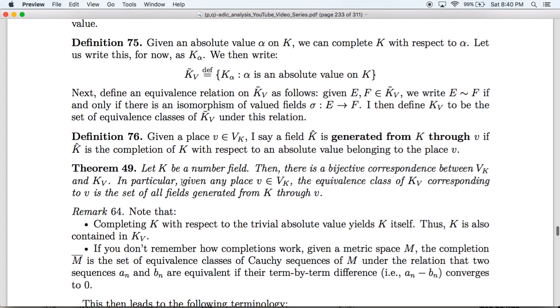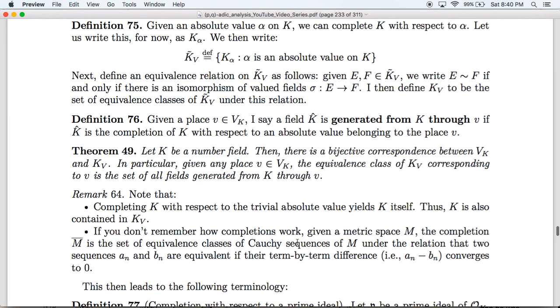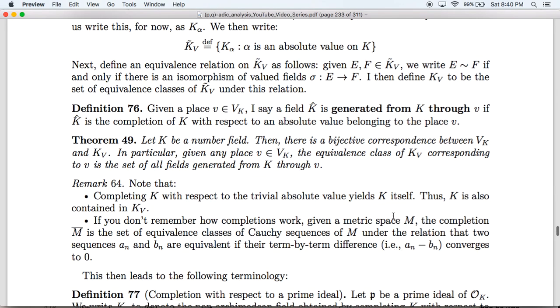So just some observations. Note that KV will contain K itself because completing K with respect to the trivial absolute value yields K. And if you don't remember how completions work, given a valued field M, the completion M bar is the equivalence classes of Cauchy sequences of M, under the relation that two sequences are equivalent if and only if the term-by-term difference converges to zero.